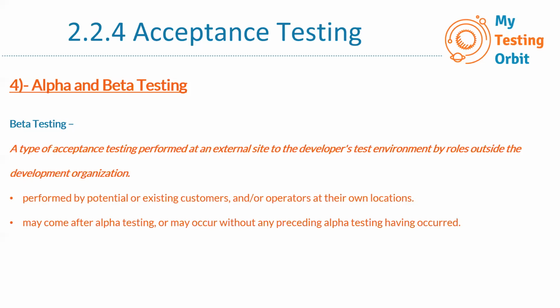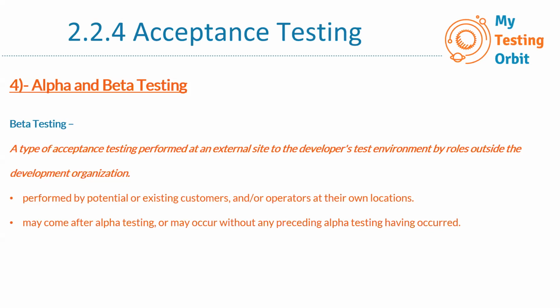So beta testing is a type of acceptance testing performed at an external site to the developer's test environments by roles outside the development organization. It's performed by potential or existing customers and/or operators at their own location, may come after alpha testing, or may occur without any preceding alpha testing having occurred.